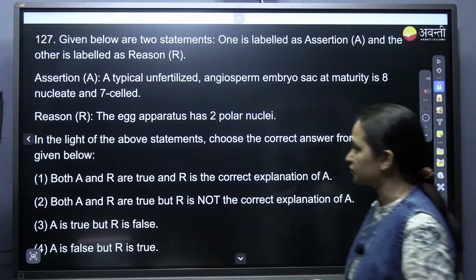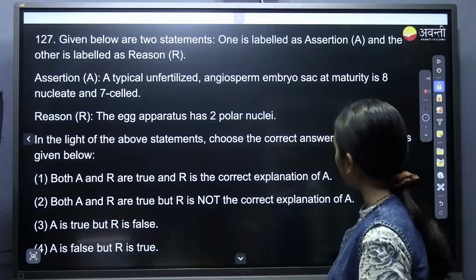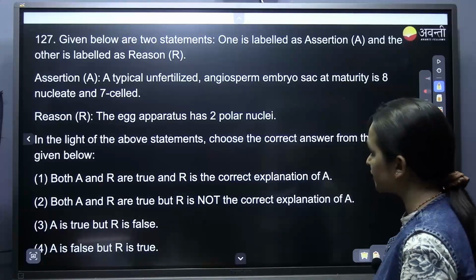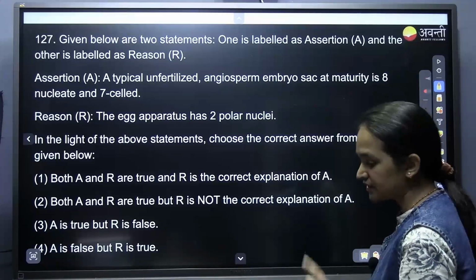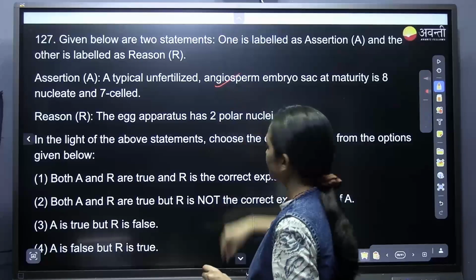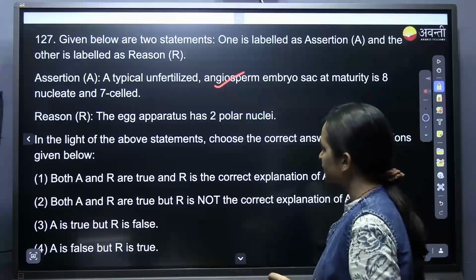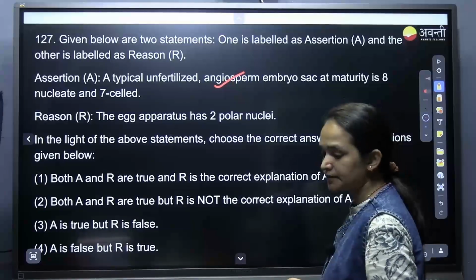Now coming to assertion reason. A typical unfertilized angiosperm embryo sac at maturity is 8 nucleate and 7 celled. Yes. And the egg apparatus has 2 polar nuclei.